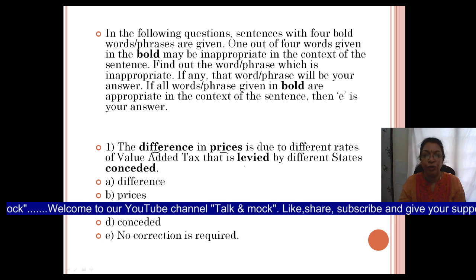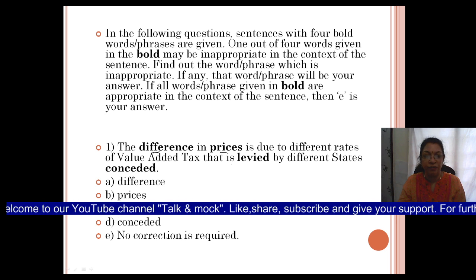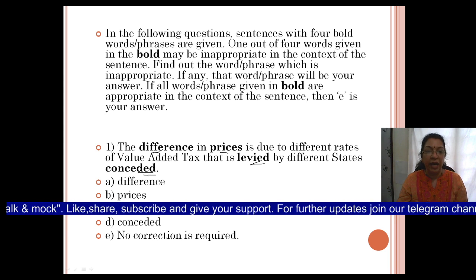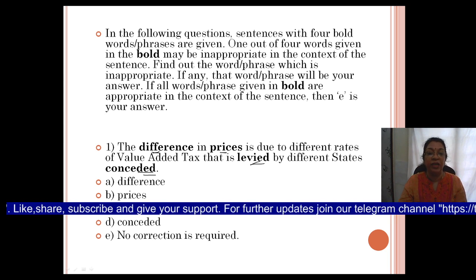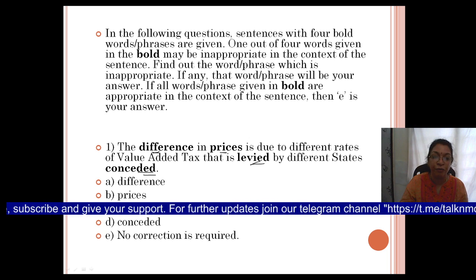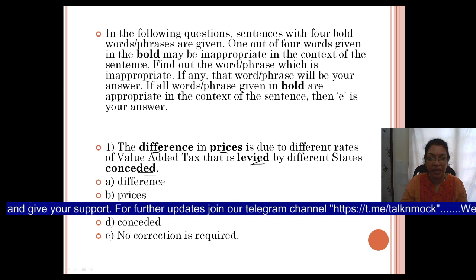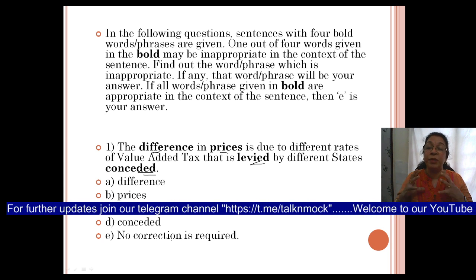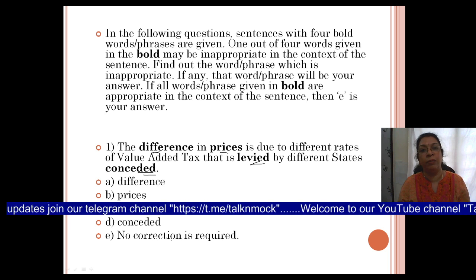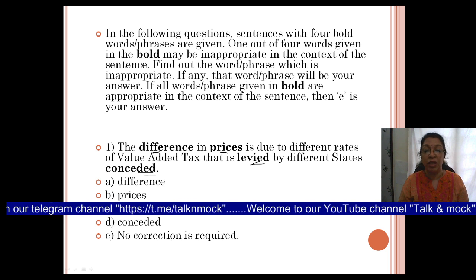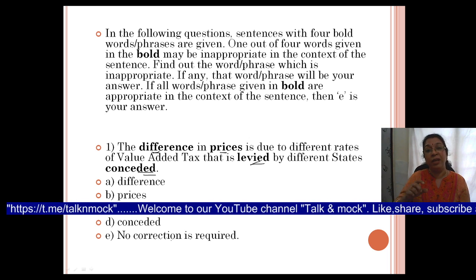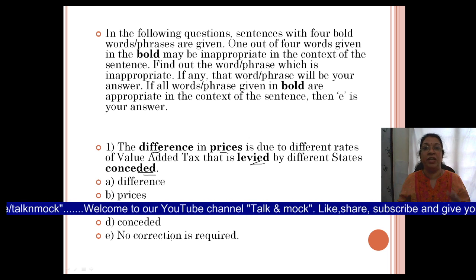So prices is due to different rates of value added taxes that is levied by different states conceded. And see, they have given you the option whether the error is in the word difference, prices, levied, conceded, or no correction is required. I specifically took up this pattern to make you understand. Because you have been practicing only error spotting in full sentences divided into various parts.